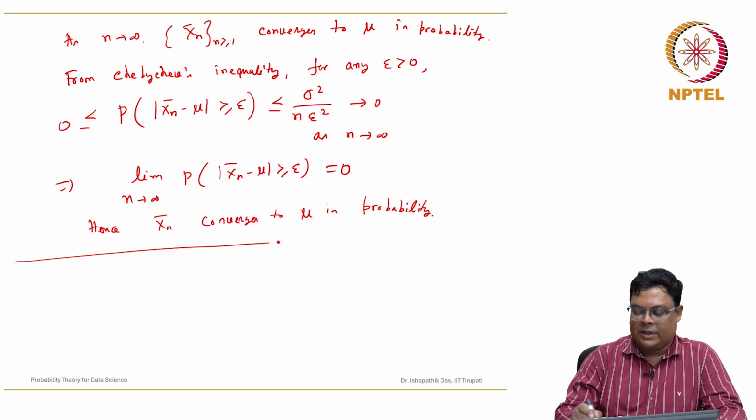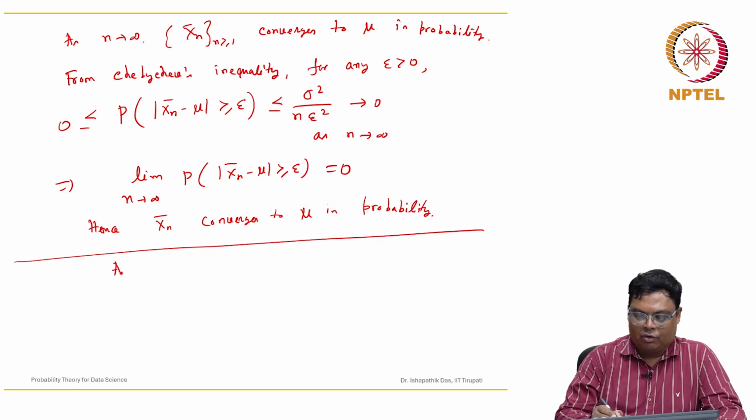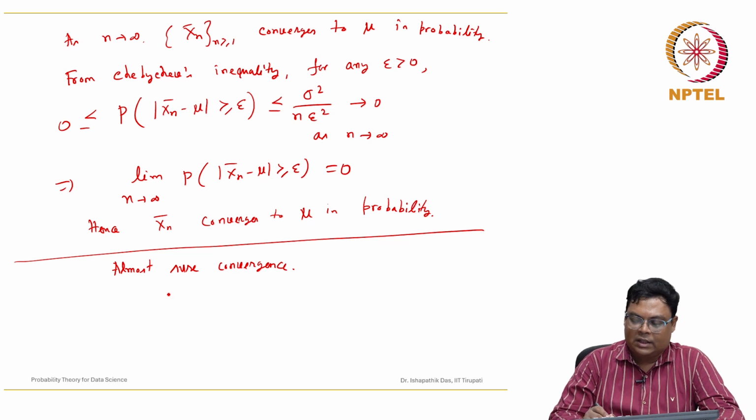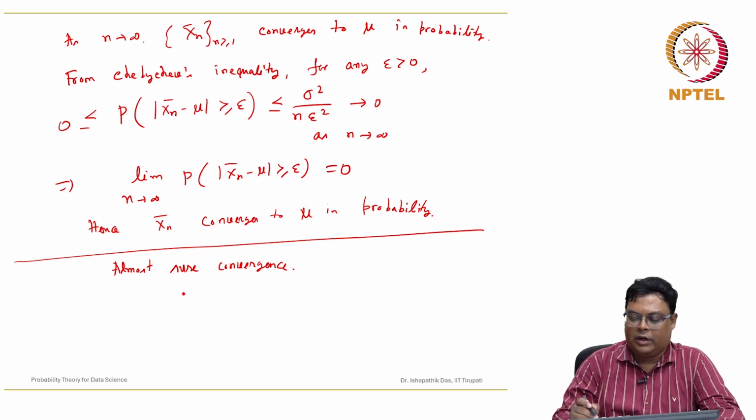Another convergence is known as almost sure convergence. It is nothing but the function converging pointwise, the limit as n goes to infinity of xn(s). So let us explicitly write that.